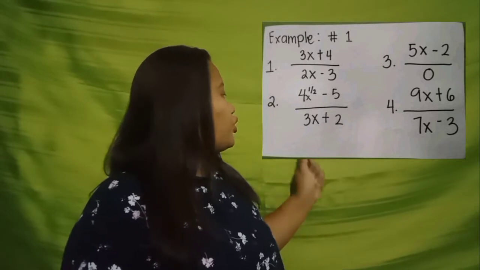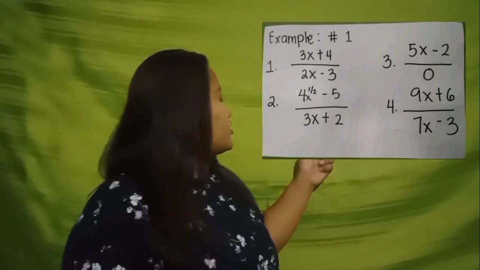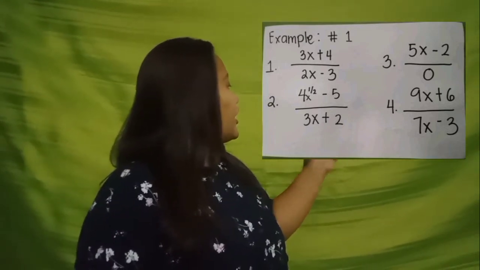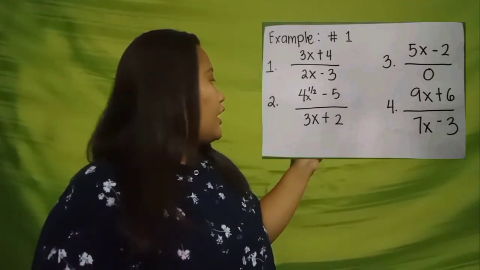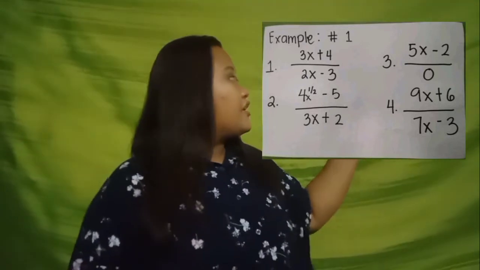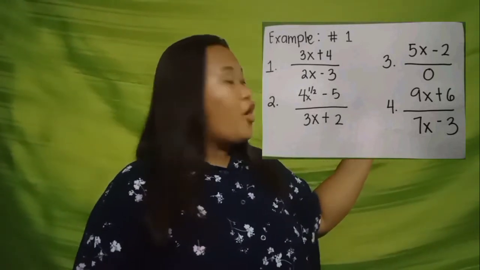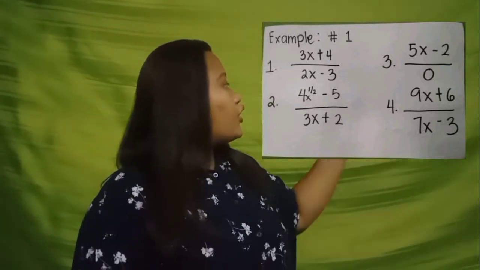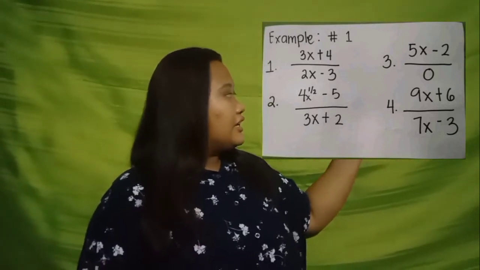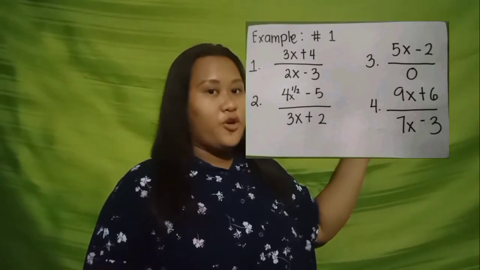This number 2 is undefined because the numerator has a fraction exponent. And number 3, 5x minus 2 over 0. Diba, sabi nga na dapat ang q of x ay hindi siya mag-equal to 0.